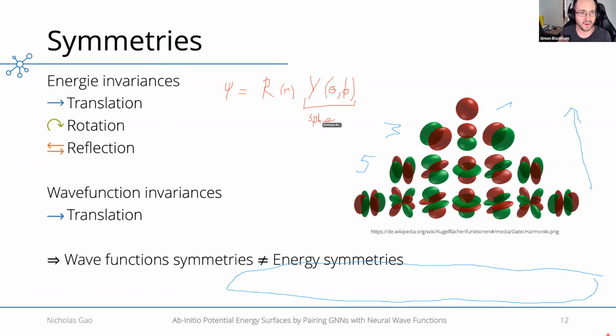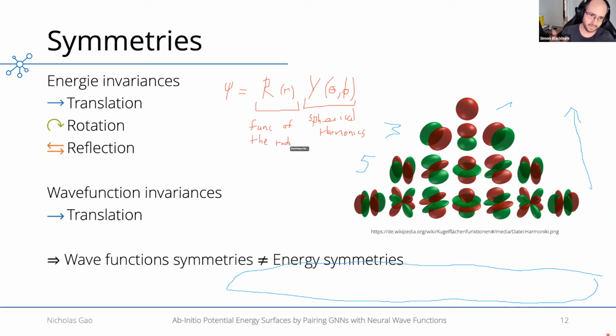So when you factorize this, you can show that the radial function is an exponential function times some polynomial of r, which is characterized by one integer, which we call n: 1, 2, 3, 4, 5. And then you have the Y function, the spherical harmonics, parameterized by two numbers, l and m, your angular momentum.